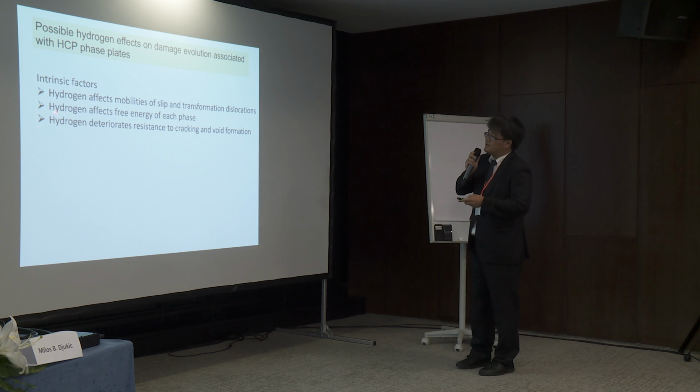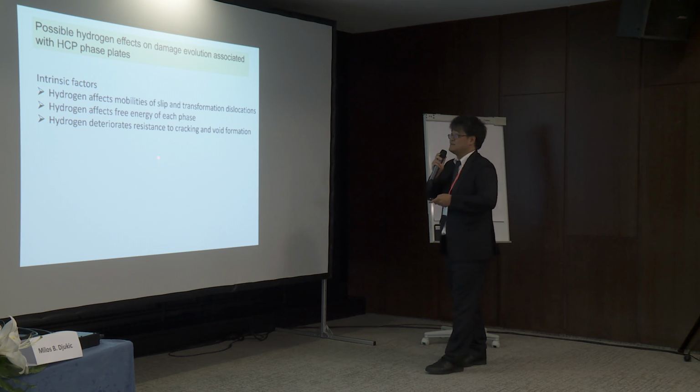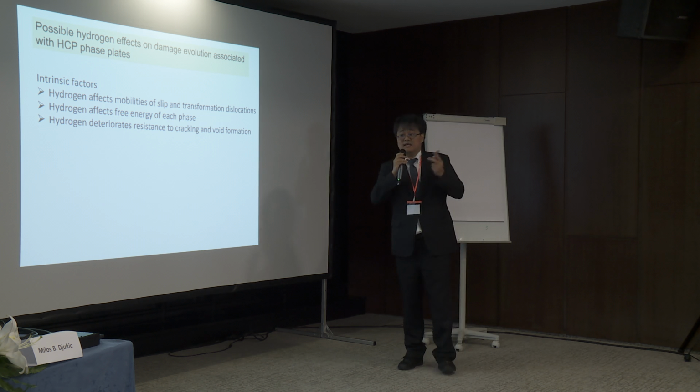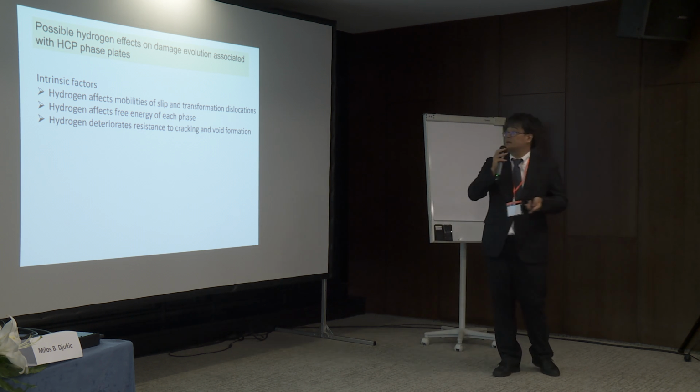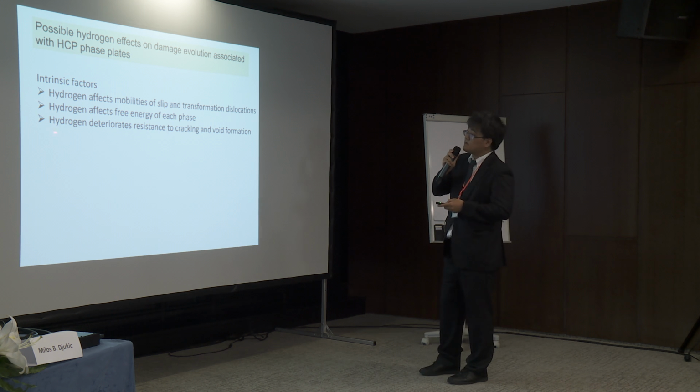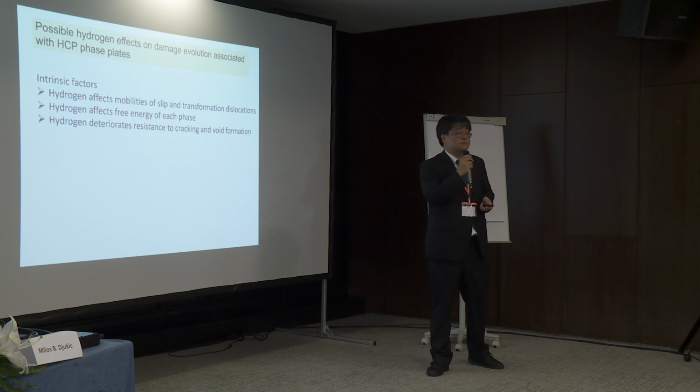The next one is that hydrogen is regarded as an alloying element. Therefore, the free energy of HCP and FCC also can be changed. Then promotion, sometimes suppression, can be induced. The final one, as the most important factor of embrittlement, is that hydrogen deteriorates the resistance to cracking, probably associated with the epsilon martensite plate.